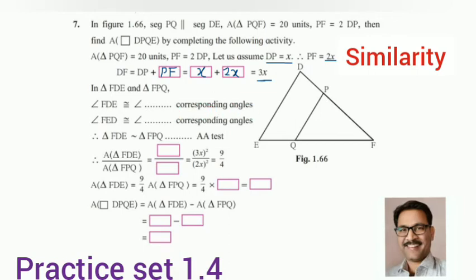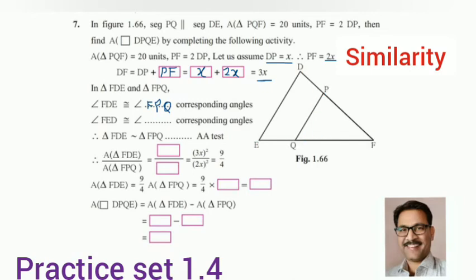That means which angle do we write here? See, angle FPQ. This is the angle. Afterwards, angle FED is congruent to angle FQP, that means this angle.